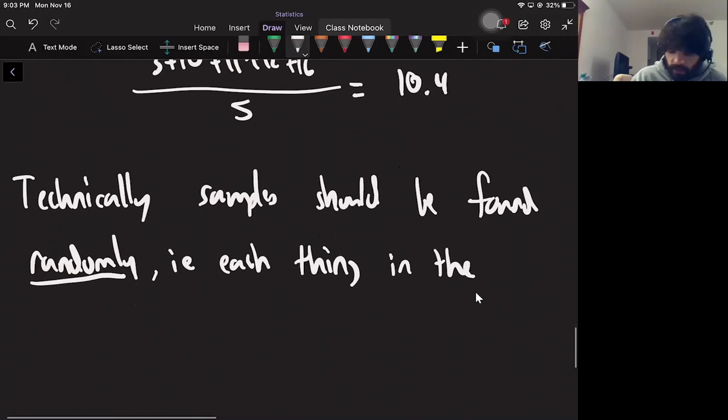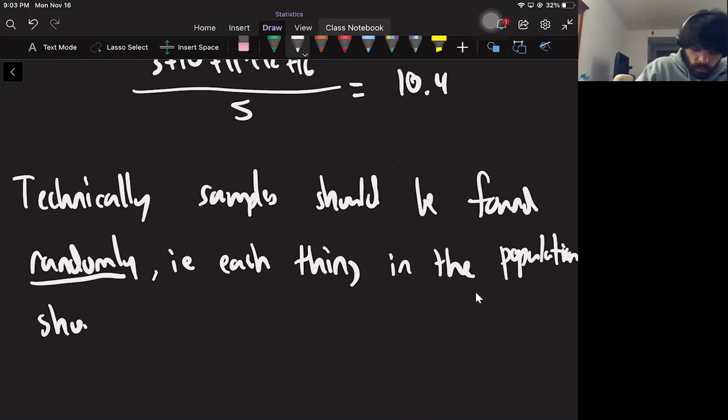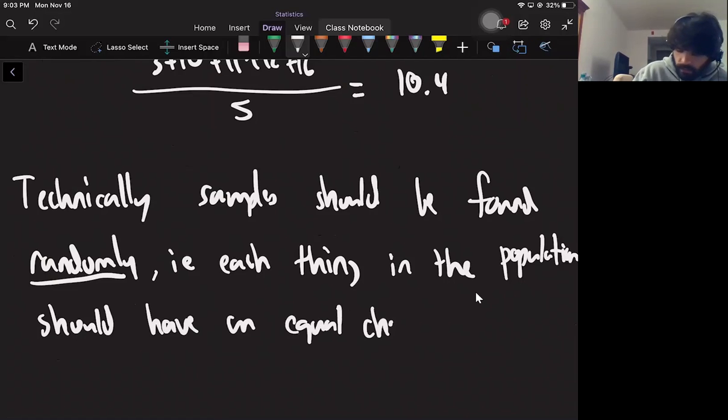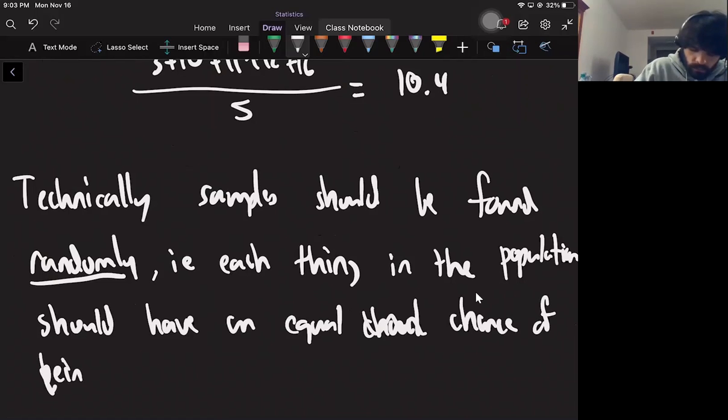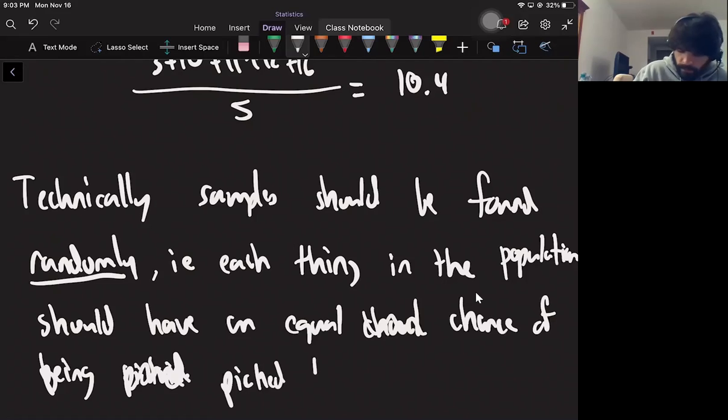Whereas I just made this one up. I didn't actually pick them randomly. Each thing in the population should have an equal chance of being picked by the method. Okay, but we're going to gloss over the randomness for now.